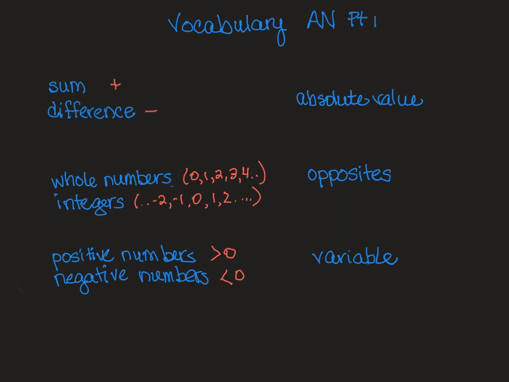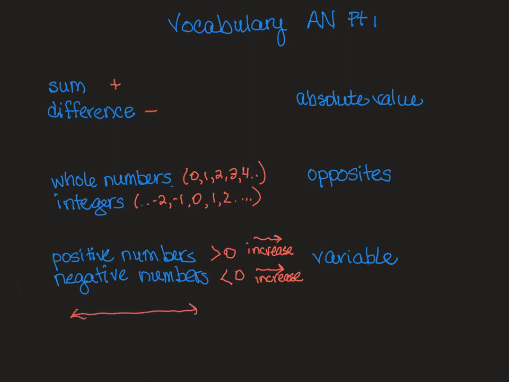When we're talking about negative numbers, remember that positive numbers increase, they get bigger as they go from left to right, as do negative numbers. They increase as they get closer to 0.